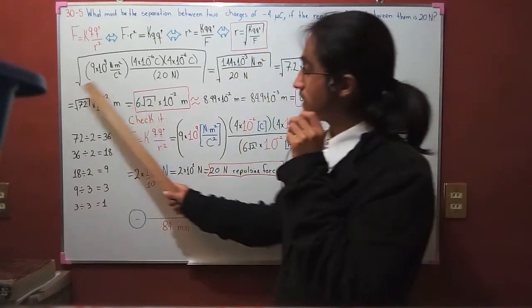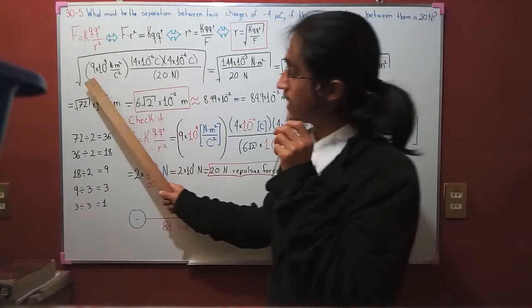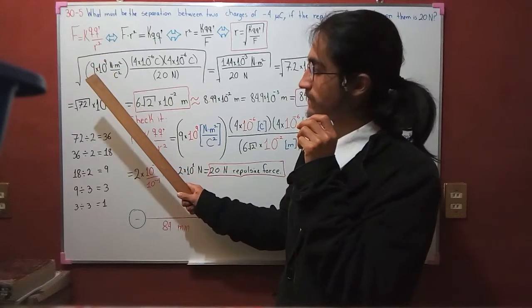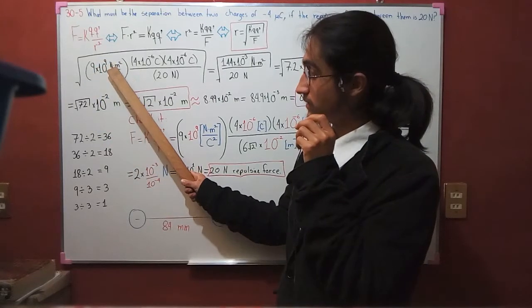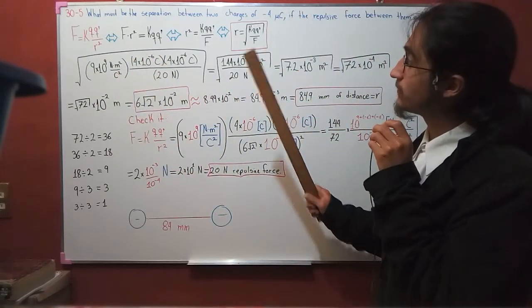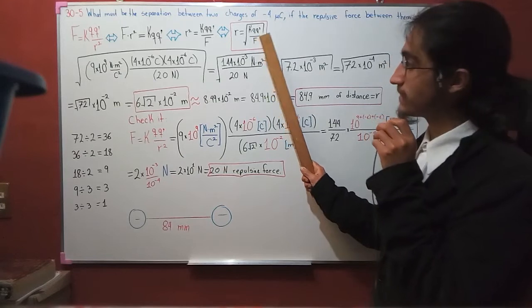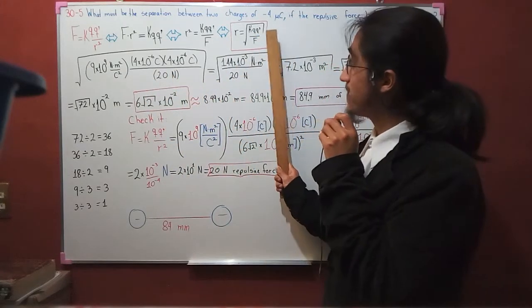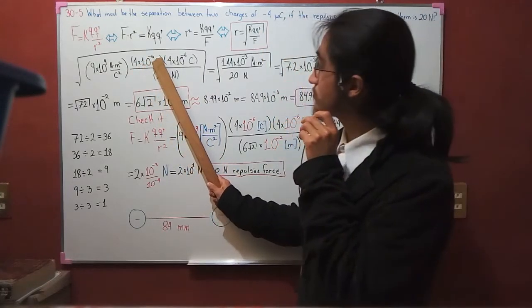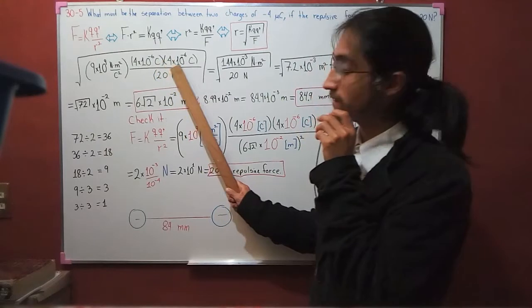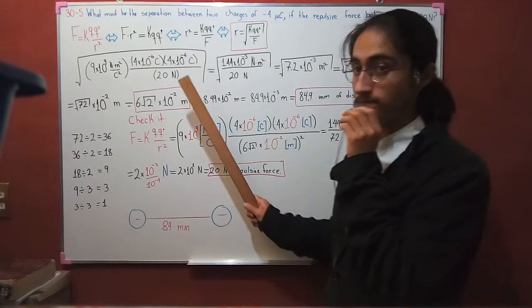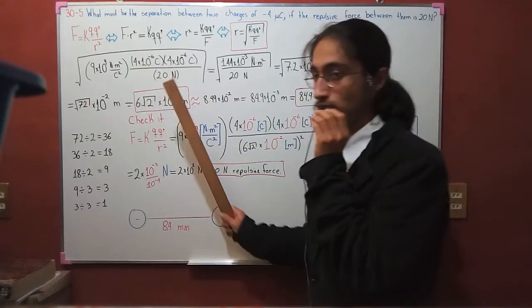So R equals the square root of 9 multiplying 10 to the 9th power newtons meter squared divided by Coulomb squared, which is the constant of Coulomb K. Now, the magnitude of the electrical charges are 4 times 10 raised to the power of negative 6 Coulomb, multiplying 4 times 10 raised to the power of negative 6 Coulomb, divided by 20 newtons.